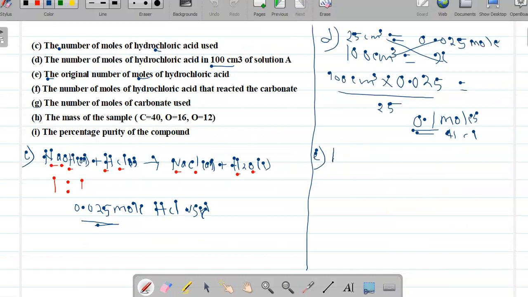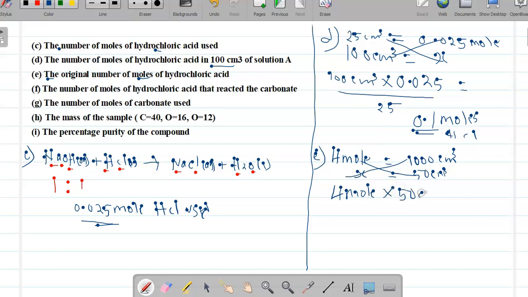We will say 4 molar of the acid is equal to 1000 cm³. What about 50 cm³ of the original acid? How many moles will it be equal to? We cross multiply. Then this is what we do: 4 molar times 50 cm³ divided by 1000.